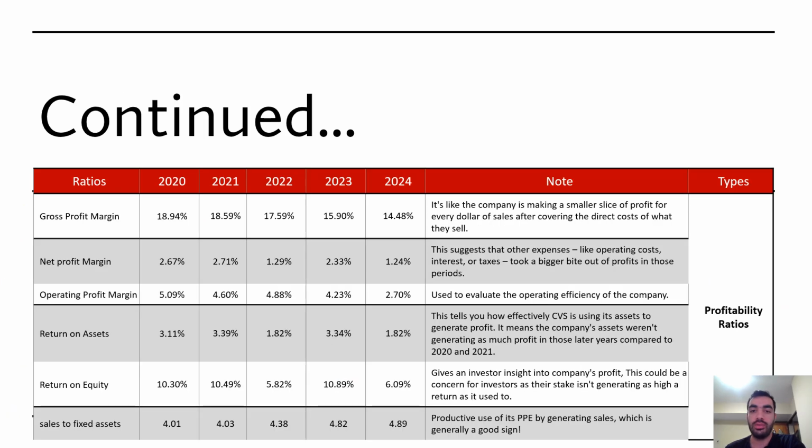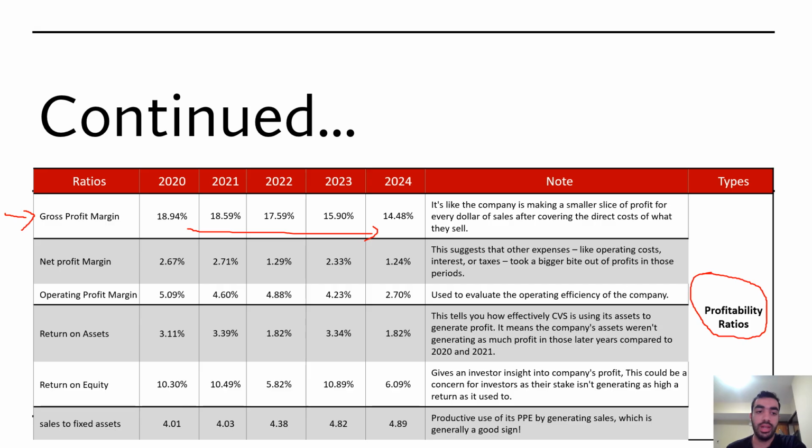Now I am pointing out the last part of CVS financial ratios, the profitability ratios. Beginning with the gross profit margin, it is declining over time along 2020 to 2024, suggesting rising cost of goods or competitive pricing pressure.